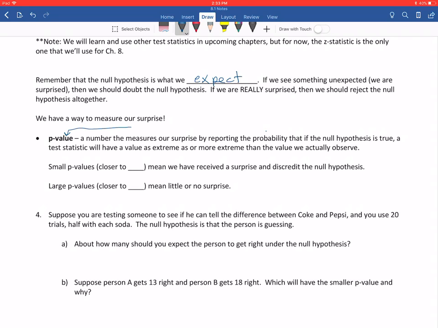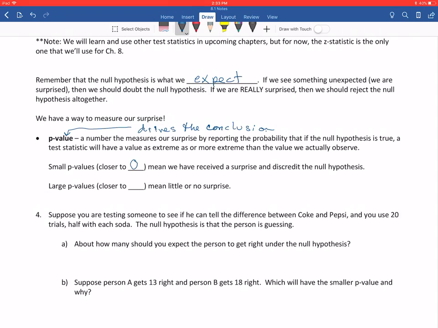The p-value is what is going to drive your conclusion. The p-value measures your surprise by reporting the probability that if the null hypothesis is true, that a test statistic will have a value as extreme or more extreme than what you observed.